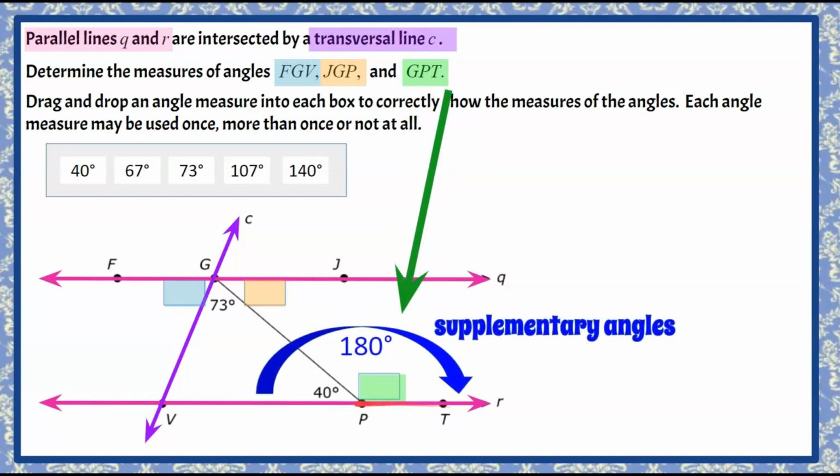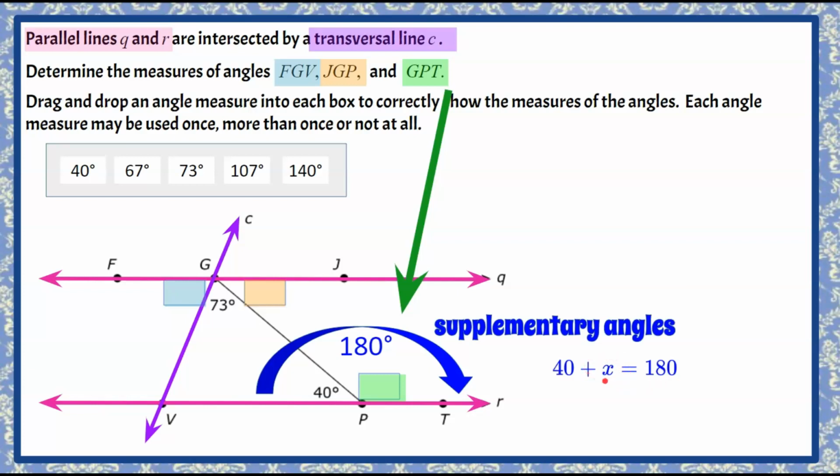if I look at these angles right here, they form a straight line. They are supplementary angles. Any 2 angles that have a sum of 180 degrees, meaning they together form a straight line, are what we call supplementary. So 40 plus this unknown angle equal 180 degrees. So our equation, 40 plus x, our angle GPT, will equal 180.